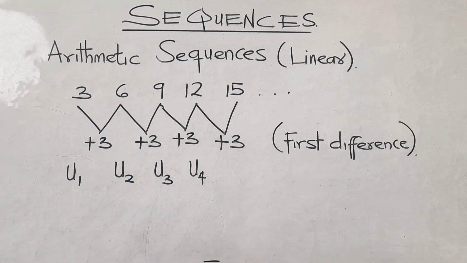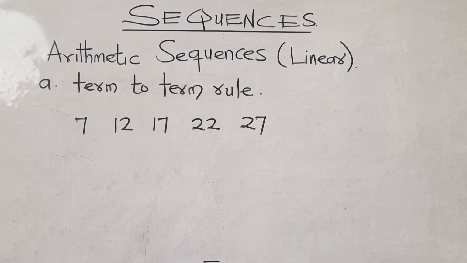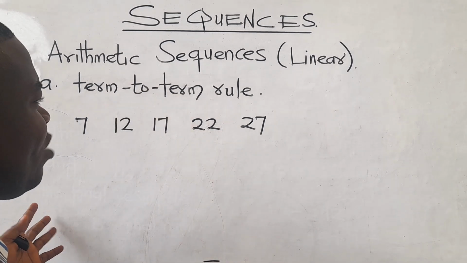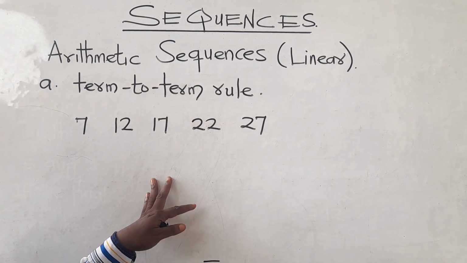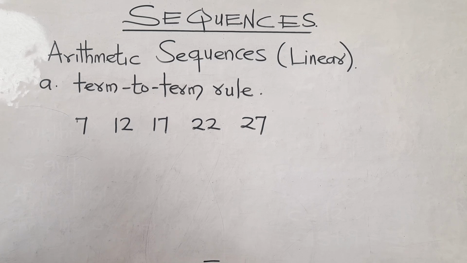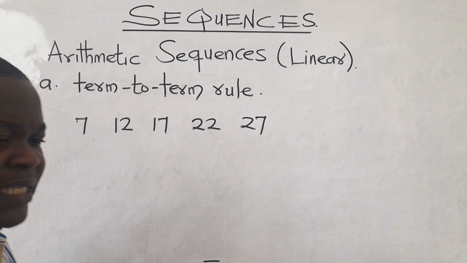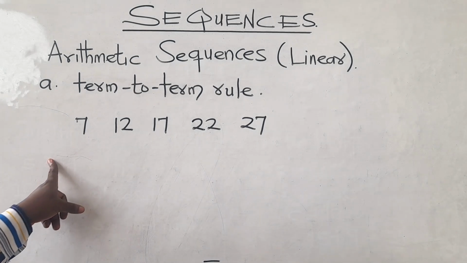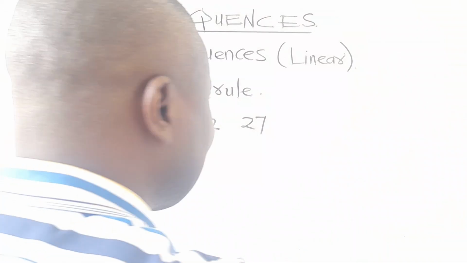We'll go to the first subtopic under arithmetic sequence, the term to term rule. In the term to term rule, we look at what you do to the previous term to get the next term.